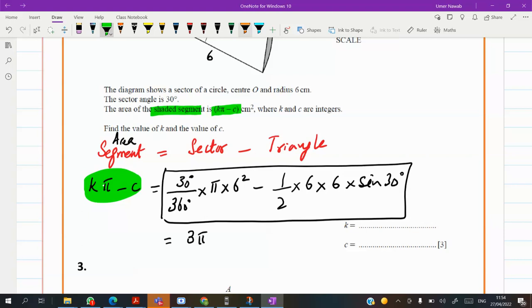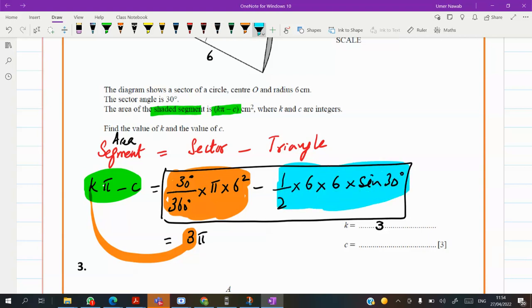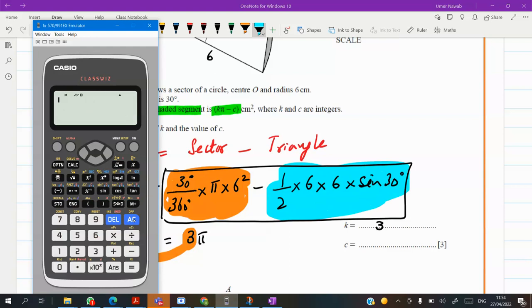So here you see when I solved the first part in the calculator, it gave me 3 pi. So 3 is my k and pi is pi. Now try to simplify the second part. The second part from the calculator is half times 6 times 6 times sine 30.